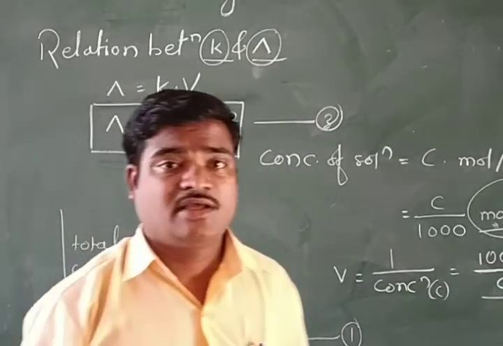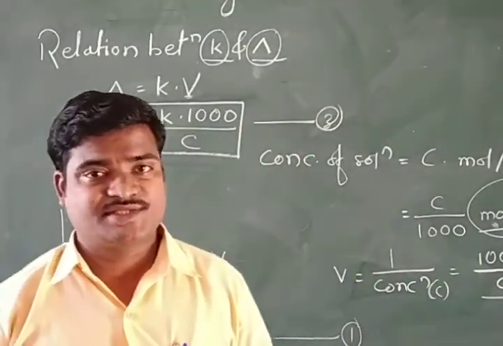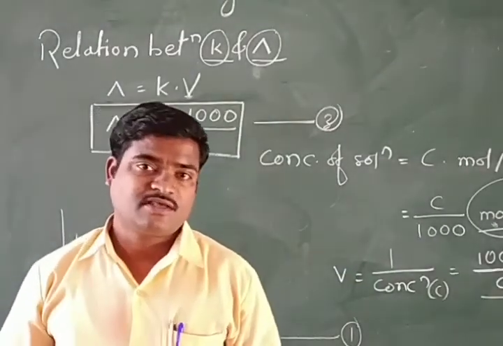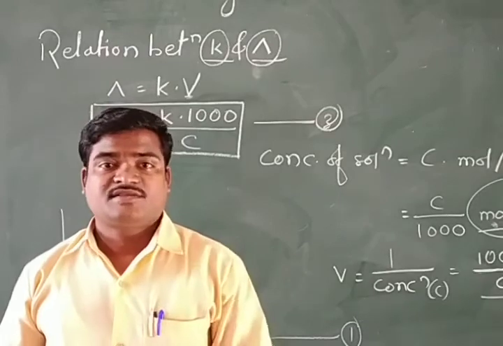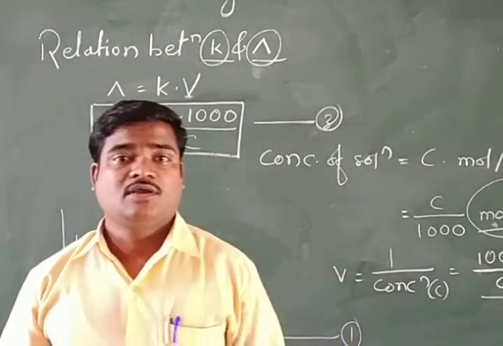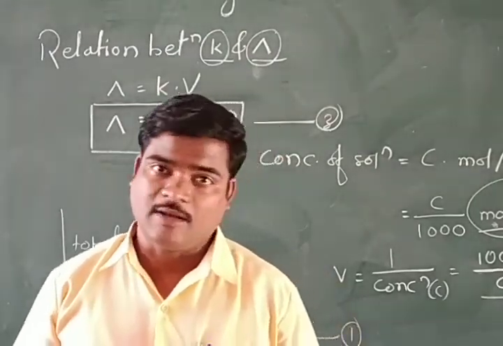Now students, on this equation we will get a number of problems, and these types of problems are very important for your board examinations, and in some JEE, NEET and CET examinations also you will notice some problems which are based on the relation between K and lambda.